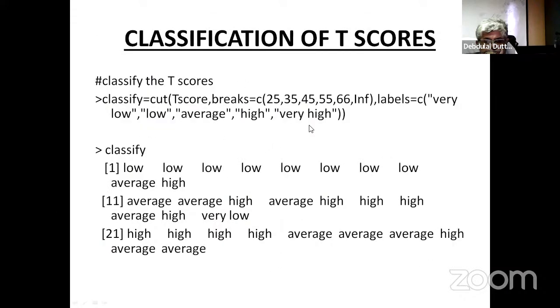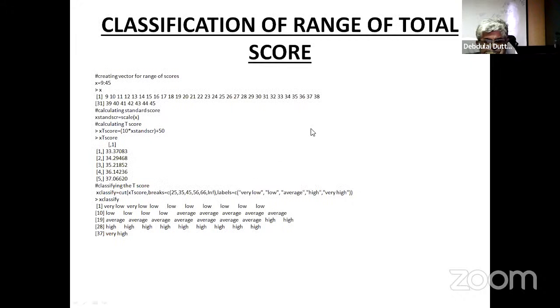With this command, we classified it. Now we will move on to classification of the range of the total score. So the total score will have a particular range, right? So the lowest score would be what? It will be 9 because there are 9 items, and the highest will be 45 because 9 fives are 45, right? So that will be the range.